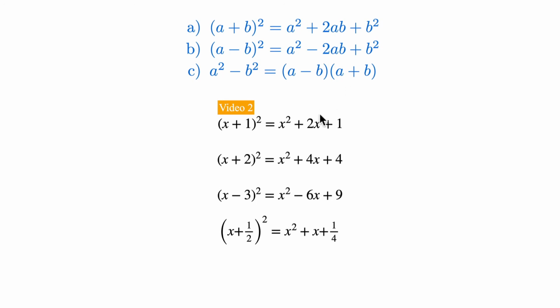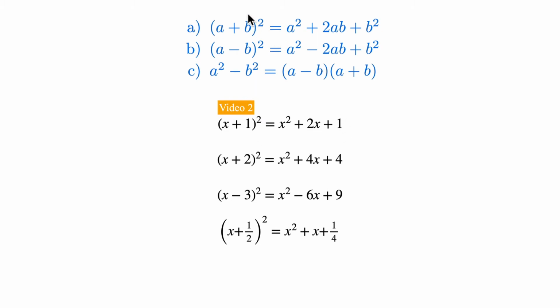So here, before I show you geometrical interpretation, I would like to tell you that you now know how I knew in video 2 that x squared plus 2x plus 1 is equal to x plus 1 all squared. You see, I simply use this first formula here with a equal to x and with b equal to 1.